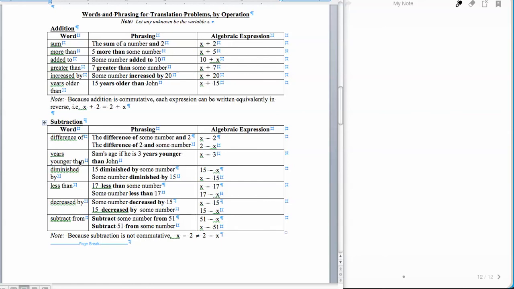When we see prepositions like than, and also the word from, we're going to see a reversal of order, and that has to translate into our expression. Let's go over the ones that have no worries. Difference, diminished by, decreased by. All three of those, the order they come in is the order they come in. The first number we see, and then the and tells us the minus, and then the second number.